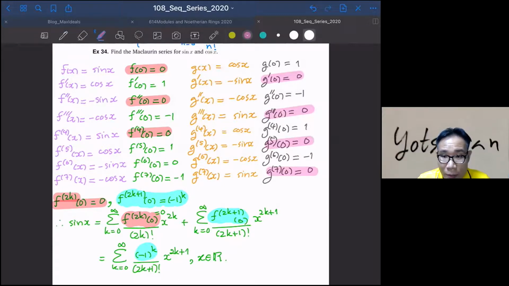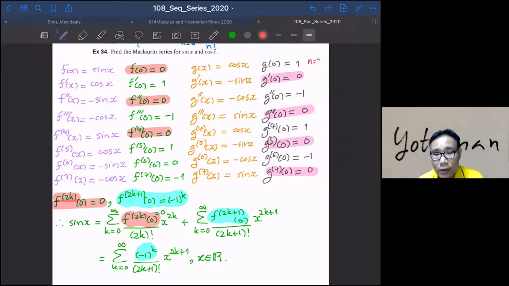And for the even power, you see this is going to be 1, negative 1, 1, negative 1. So this one will be determined by the same thing. So it's going to be n equal to 2 times 0, n equal to 2 times 1, n equal to 2 times 2, and n equal to 2 times 3.